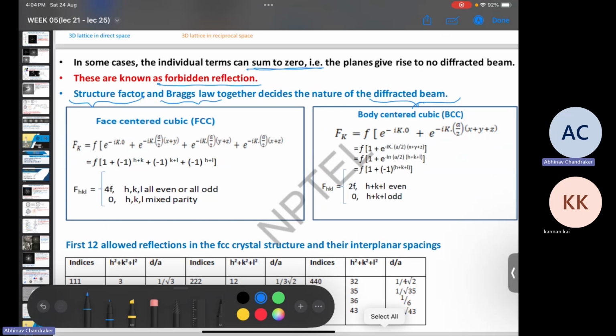So the position of the atoms, if small a is the lattice parameter, then the position of the atoms will be a by 2 110, a by 2 101, and a by 2 011.